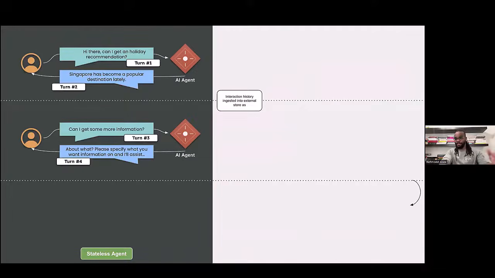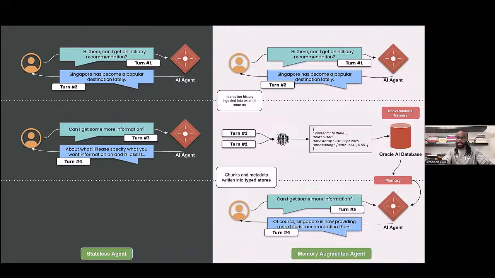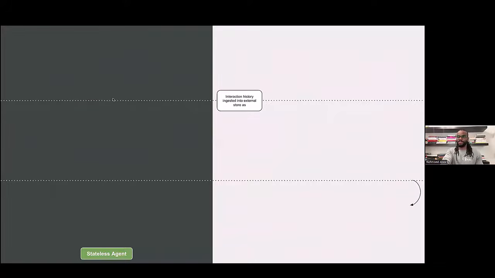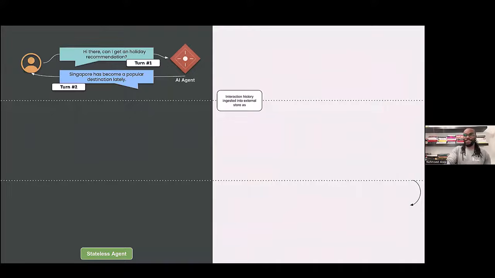A key term I want you guys to take away from this session is stateless agent. A stateless agent is one that doesn't remember previous interactions. So in this example, I guess it would be cool if I did it with the animation. You have turns with an AI agent, and you ask the AI agent for a holiday recommendation, and the agent will tell you Singapore has become popular.